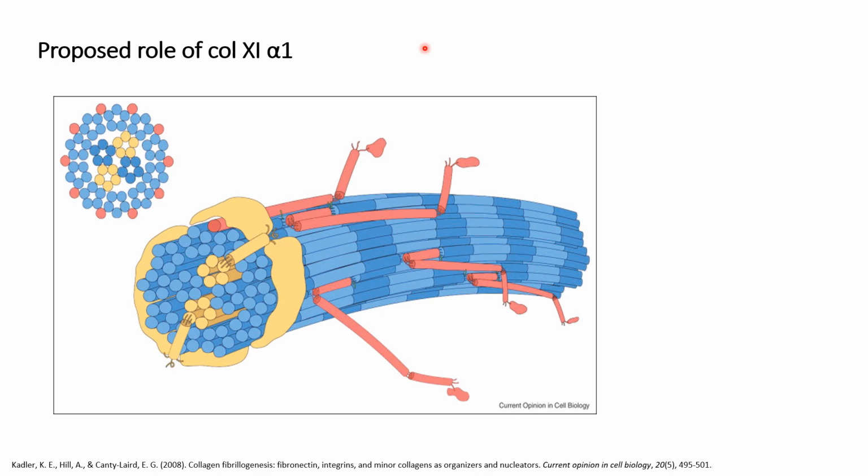of alpha 1 chain, which are proteolytically removed. Although this removal is slower compared to the alpha 2 chain and alpha 3 chain of collagen type 11. Thus, its presence on the surface of the fibrils may impose a steric hindrance and limit further deposition of the collagen triple helices to the growing fibril.